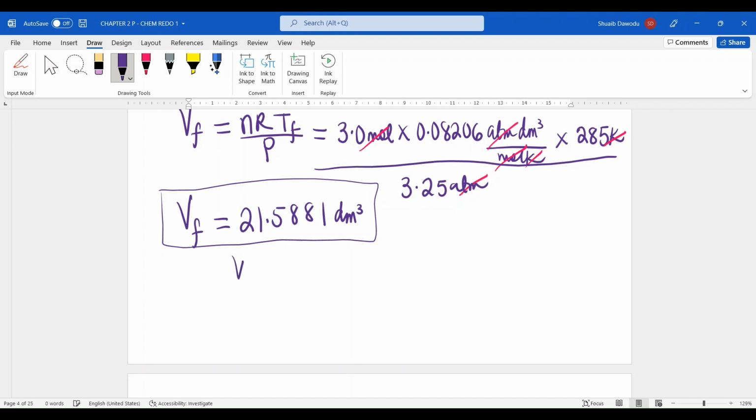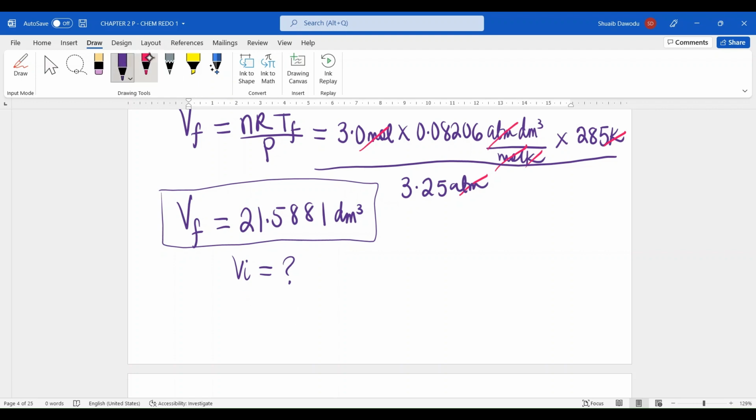Now we have to determine V initial, but we have to remember that this is a constant pressure problem. If you remember the combined gas law, whenever we have a constant, we can just remove it and write the equation independent of whatever is constant. So now we're going to use the combined gas law.